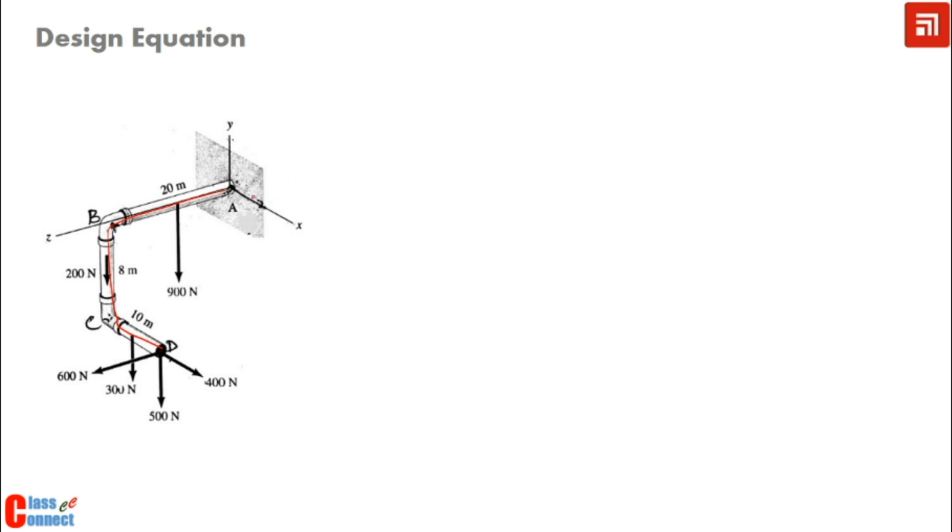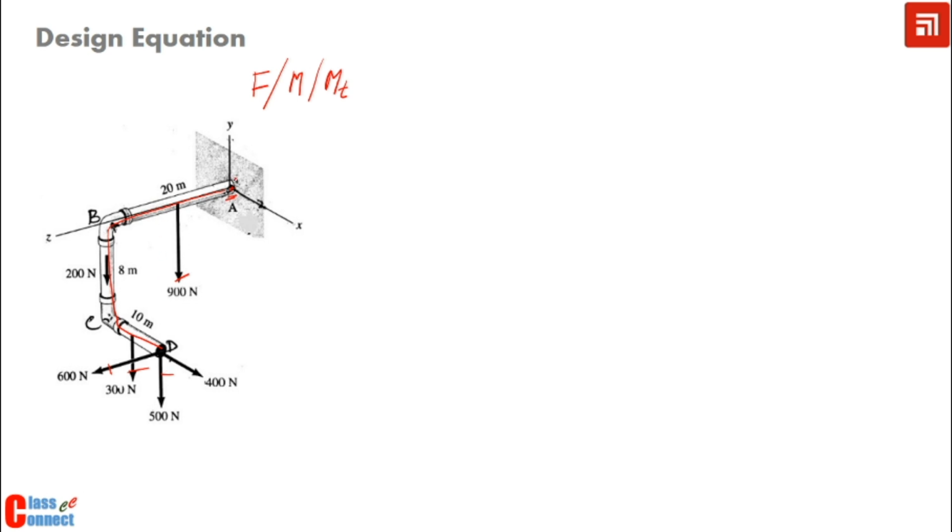Or let us say that I want to find out stress at this particular point. To find out stress at this particular point, I have to find out what is the value of load. It may be F, it may be M, that is bending moment, it may be twisting moment, because of all these loads.